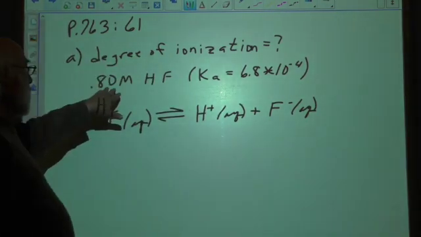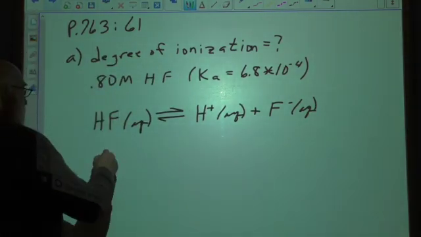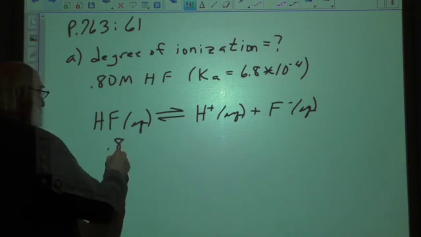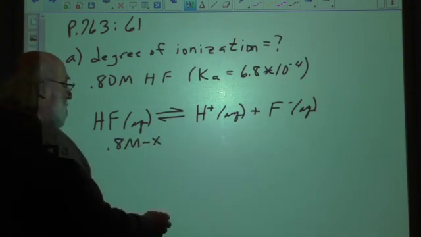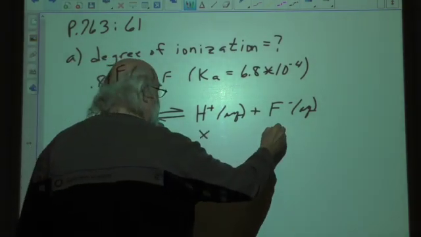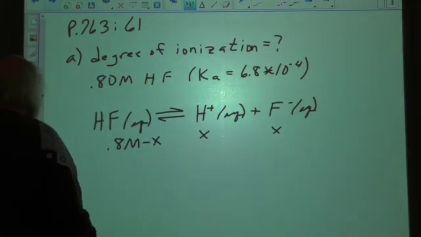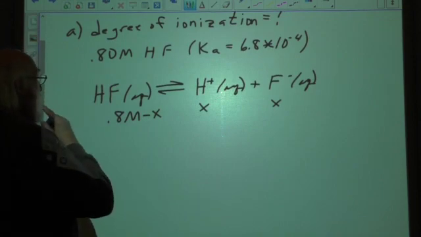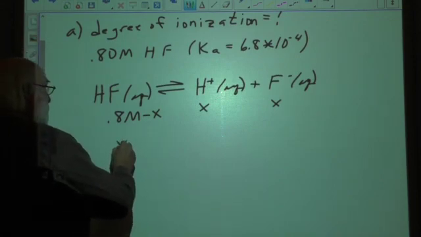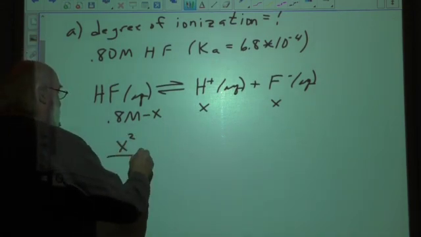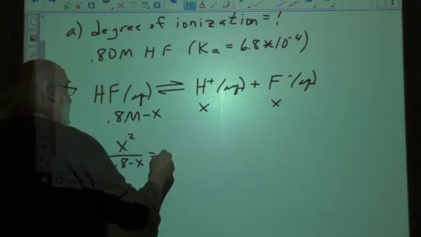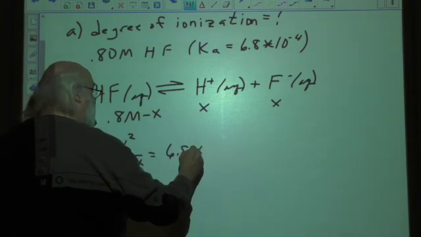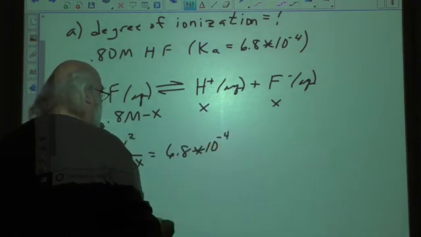Now we're starting with 0.80 molar HF. I'll just put 0.8 here, minus X here, we're doing our mini ICE here, X here, and X here. So this is going to become X times X, which is X squared, over 0.8 minus X equals Ka, 6.8 times 10 to the negative 4th.